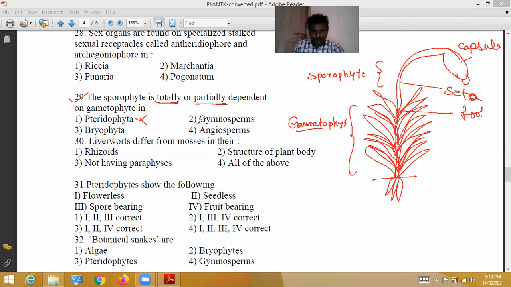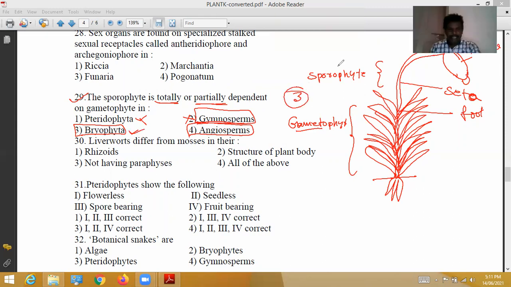In gymnosperms, the gametophyte and sporophyte are different and we could not see this. So total or partial dependence is effectively seen in bryophyta. So option 3 is correct. In angiosperms and gymnosperms, pollen grains and ovules are formed, and fertilization takes place between them. So among the four options, the third option is correct.